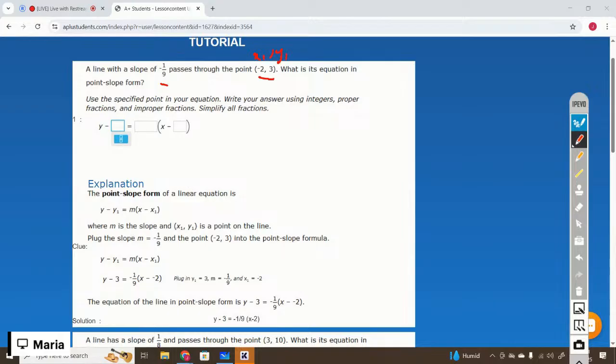So we need to use the point. So y minus y1, this is the y1, so y minus 3. Slope is -1/9 and x minus x1 is x minus -2. So we need to rewrite the equation. That would be y minus 3 equals -1/9 into x plus 2.